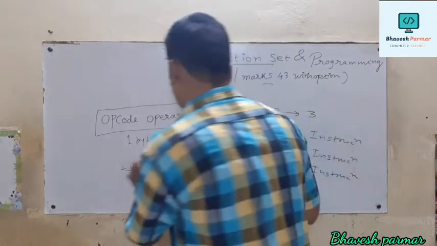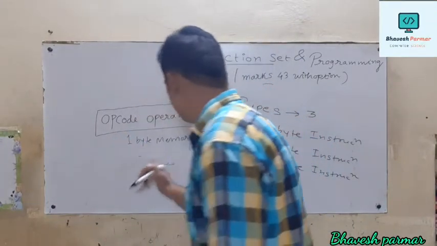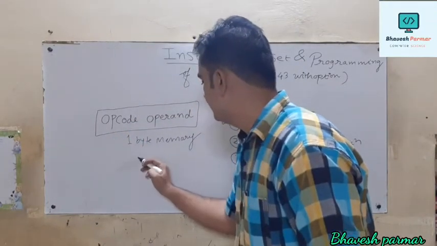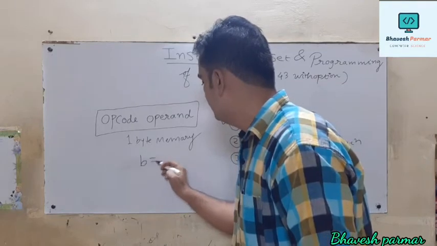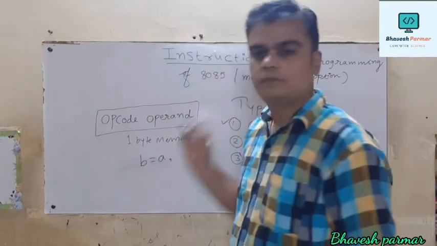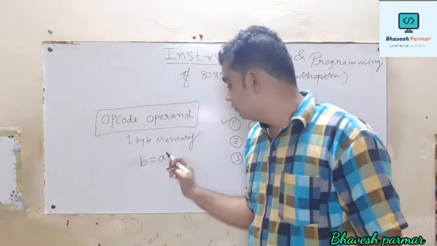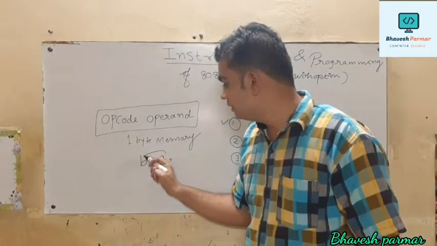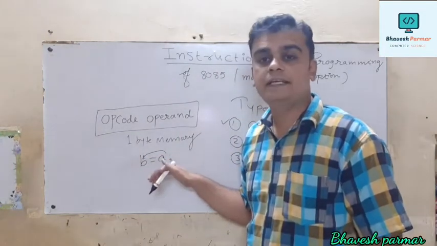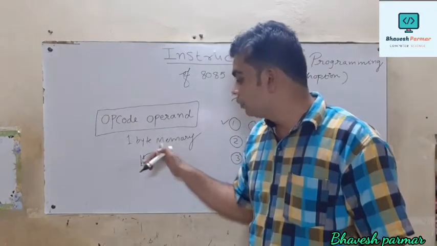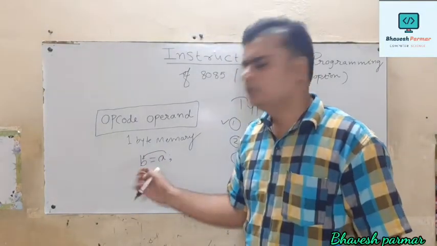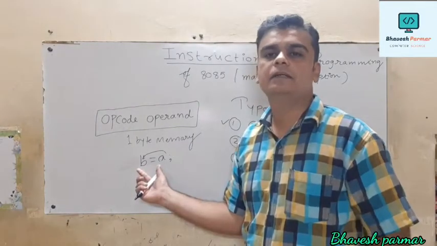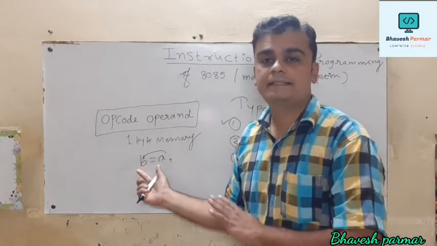Let me explain a different example. Suppose I write B is equal to A. What it means is that the value or information stored in variable A will be copied into variable B. This is again a high level programming language statement.